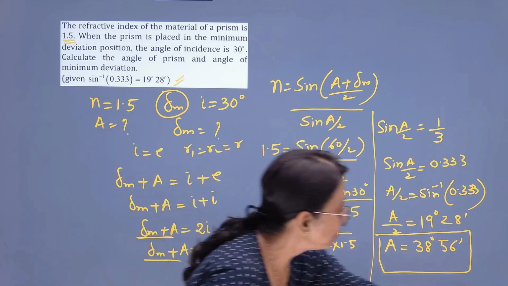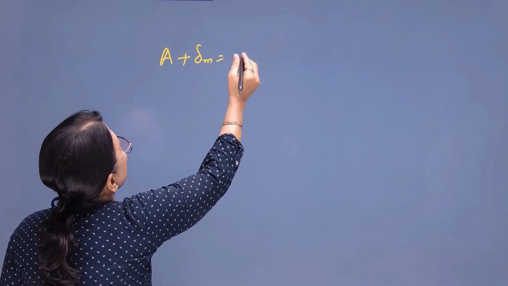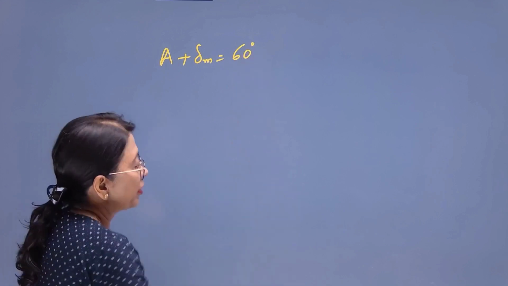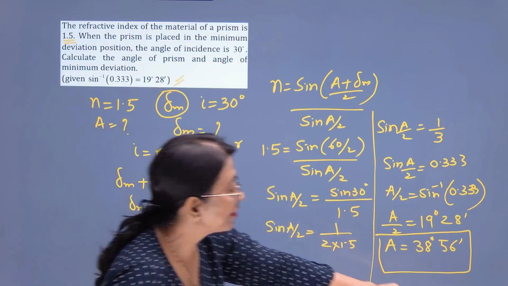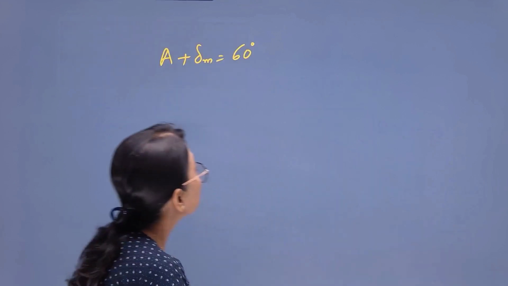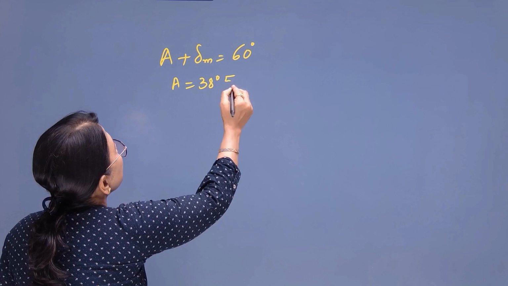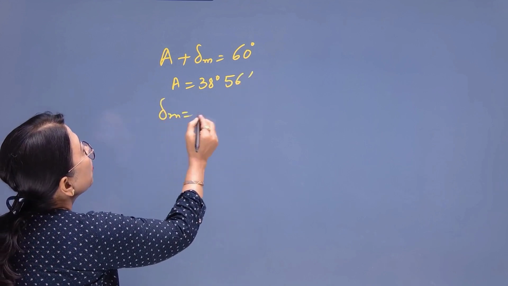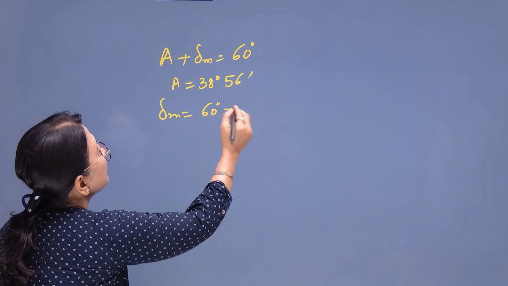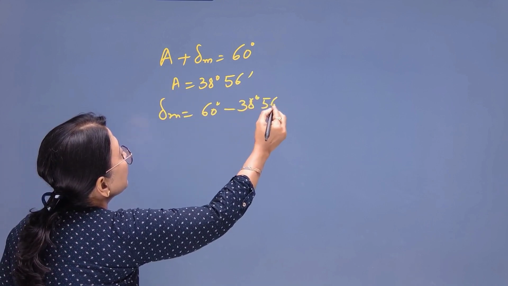So in the next step we are going to write a plus delta m is equal to 60 degree, और क्या निकाल लिया था हमने, we have got a as 38 degree 56 minutes, so we are going to place it, a is equal to 38 degree 56 minutes. So how much will be delta m, delta m will be equal to 60 degree minus, so we come to this side, 38 degree 56 minutes.